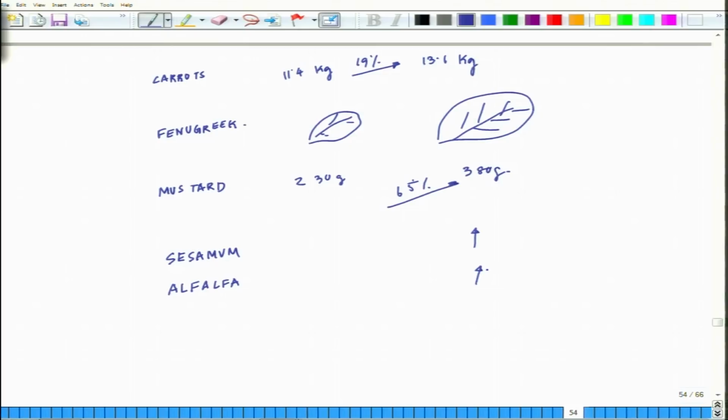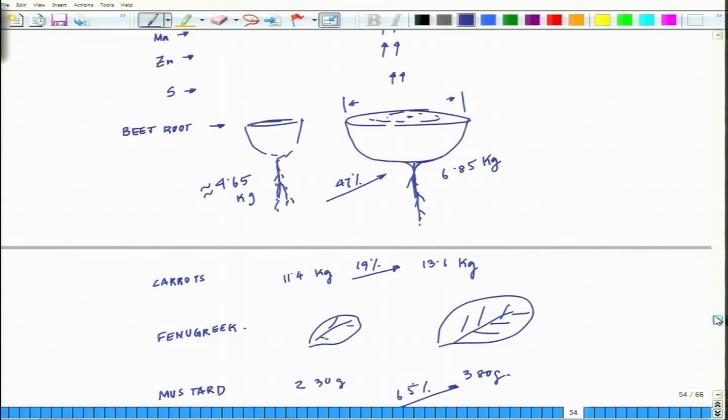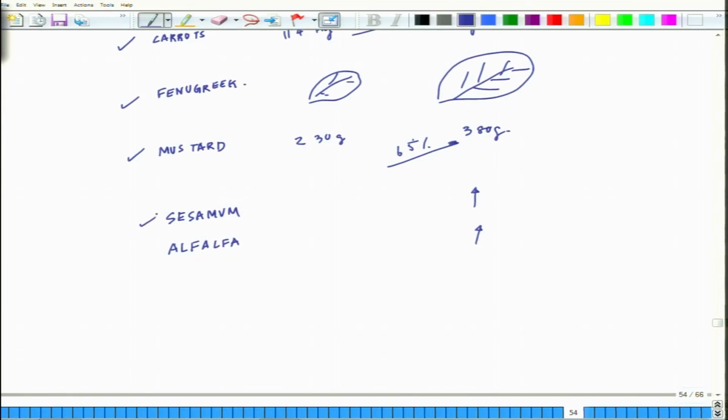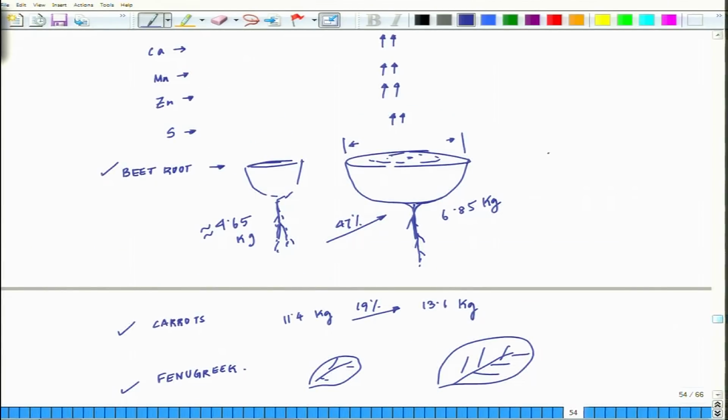So, if you look at the profile of crops, you will observe beetroot, carrots, fenugreek, mustard, sesame, alfalfa. That is almost covering two vegetable crops. These two are the vegetables.